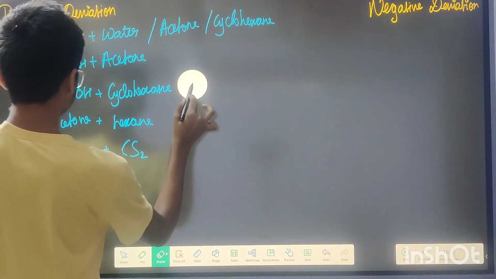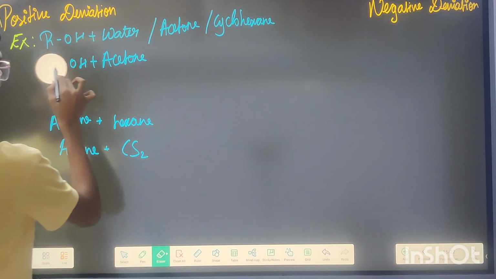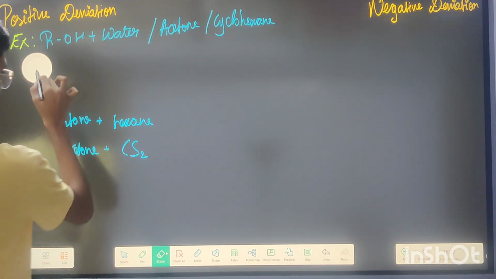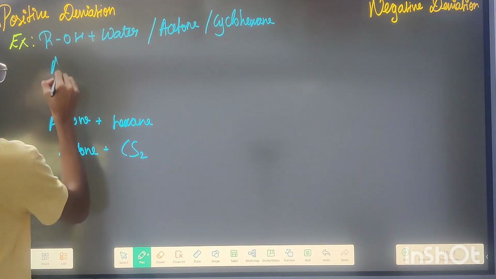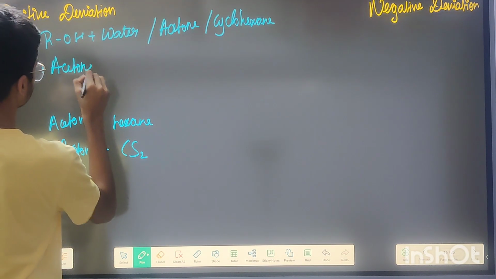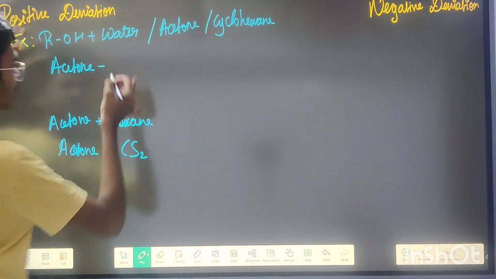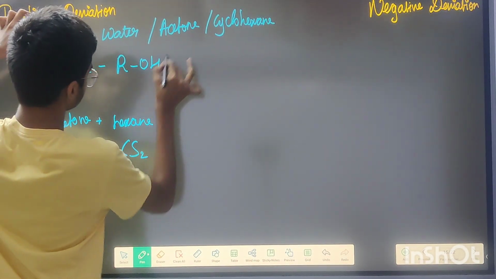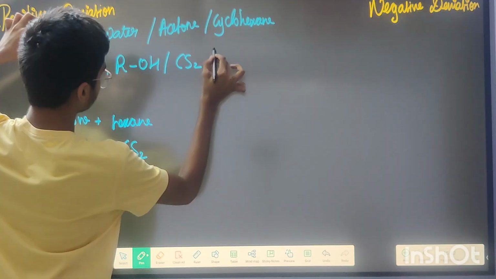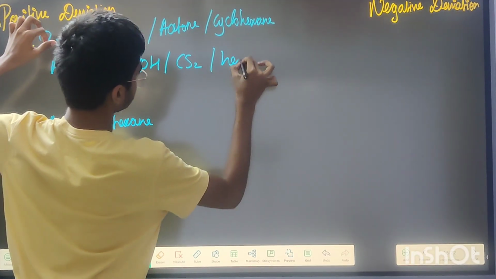So I can erase this. Now come to acetone. Acetone will be showing positive deviation along with alcohol, then along with carbon disulfide, then also along with hexane.